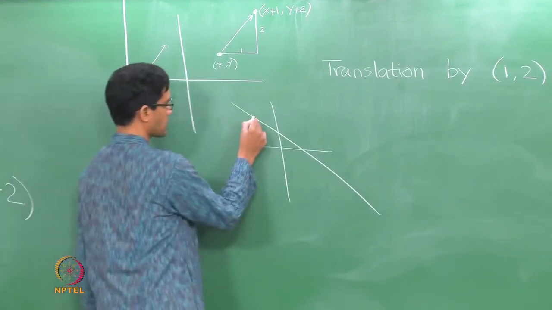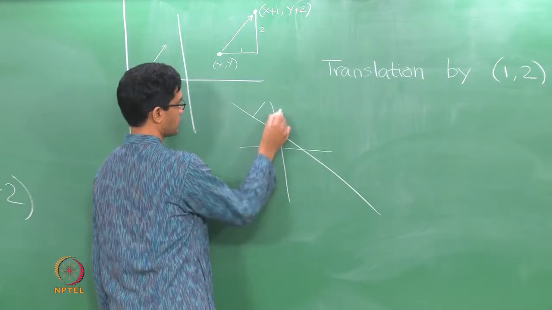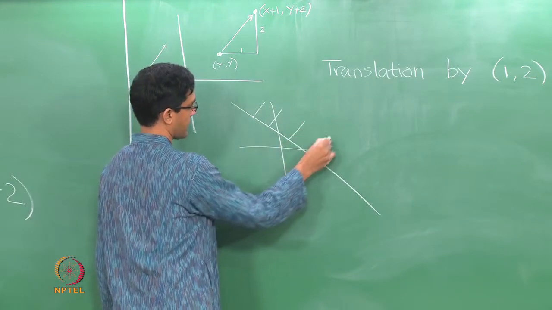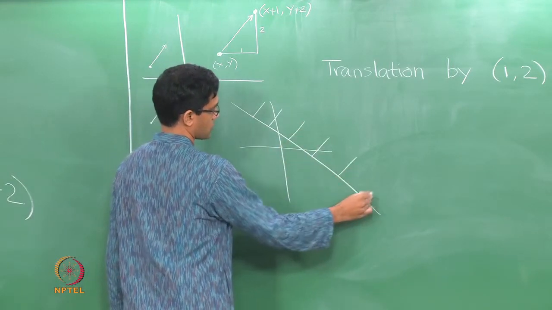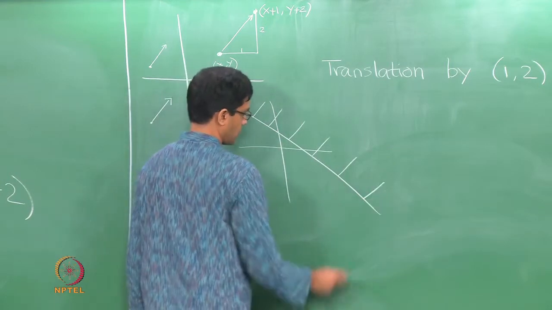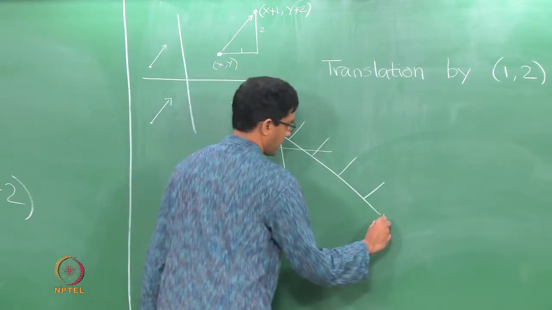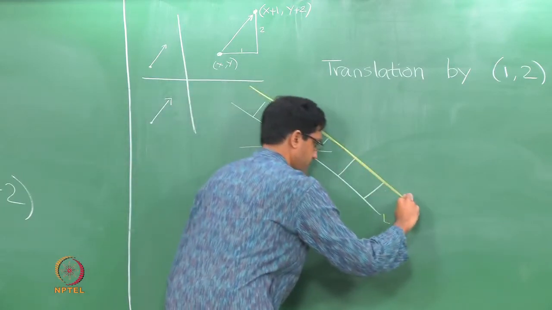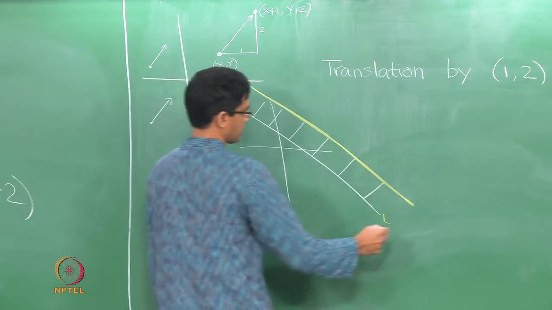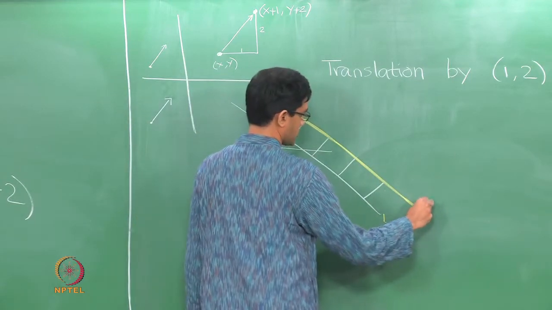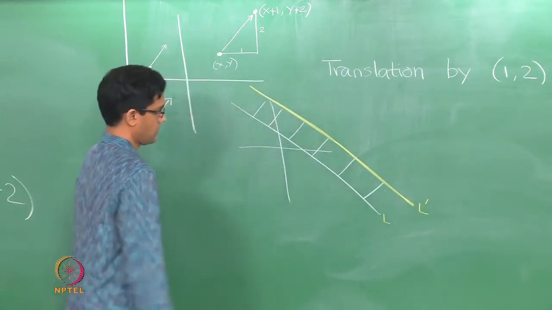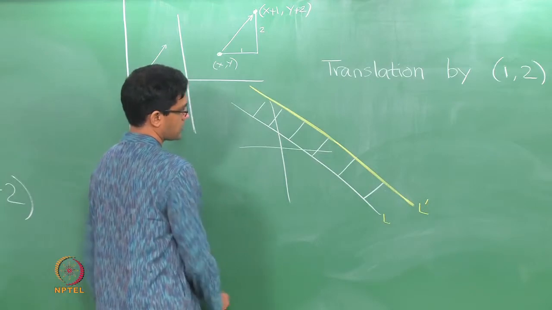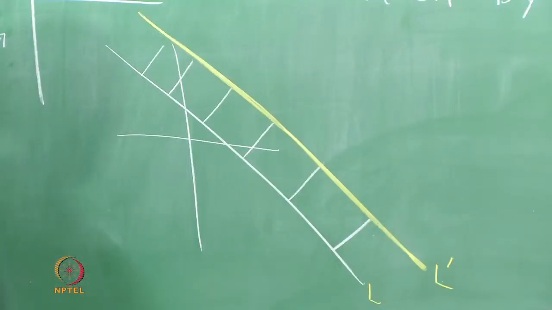So, every point of this line moves by the same amount, right. So, all points of this line slide up to those points, and so this line here, let us call it L, maps to a parallel line. Okay. So, this is L dash. What it does is it also translates the line L by the same amount 1 comma 2.